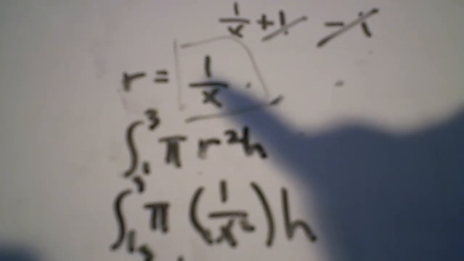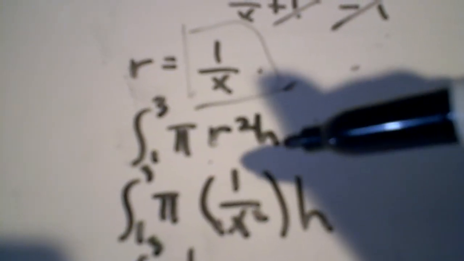Then you set up the problem, and the integral is going to be from 1 to 3, and the formula is pi times the radius squared times the height. So I plugged in my radius, which is 1 over x, and that became 1 over x squared.